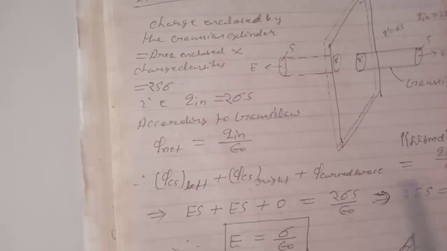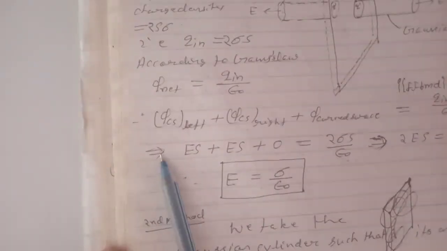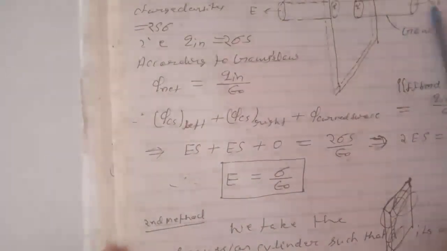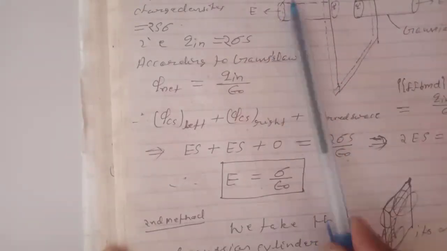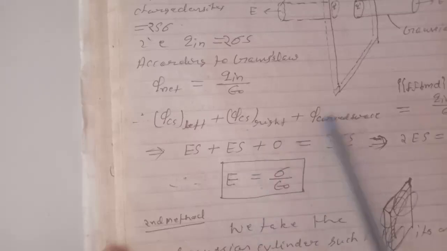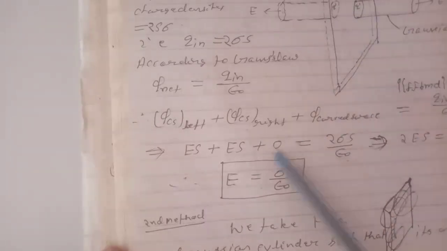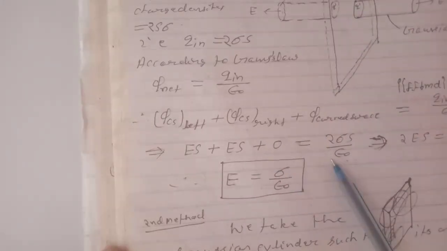So this flux must be Q enclosed by epsilon naught from Gauss's law. Hence the flux through this area will be E into S, and the flux through this area also will be E into S, and the flux through the curved surface will be 0, plus 2 sigma S by epsilon naught.